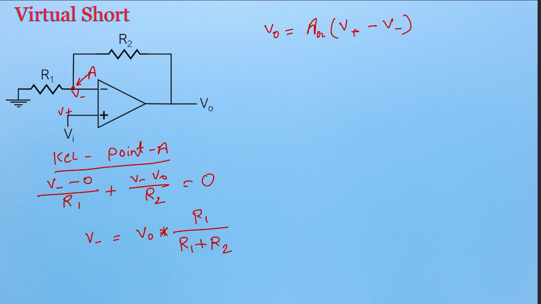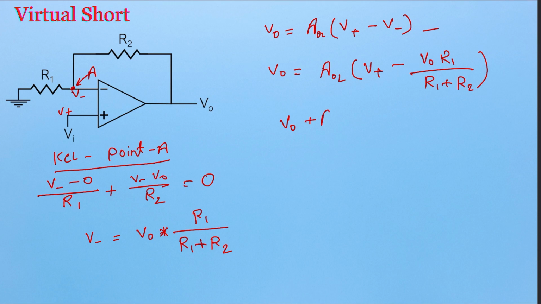If we put this value of V minus in this equation, then V0 is equal to AOL multiplied by (V plus minus V0 R1 by R1 plus R2). If we solve this equation for V0, then V0 plus AOL multiplied by V0 R1 by R1 plus R2 is equal to AOL multiplied by V plus, and the value of V plus is Vi.